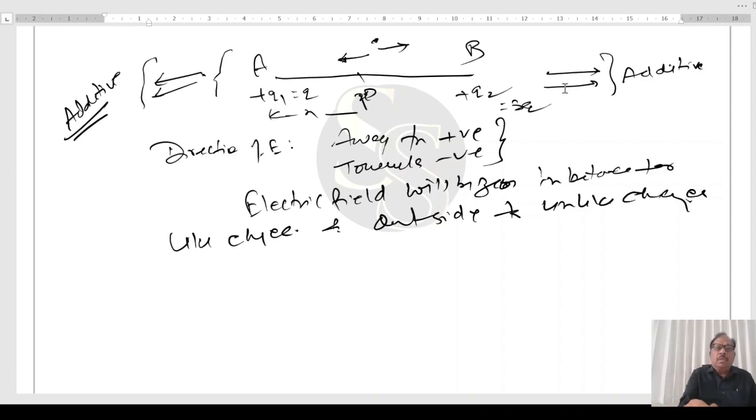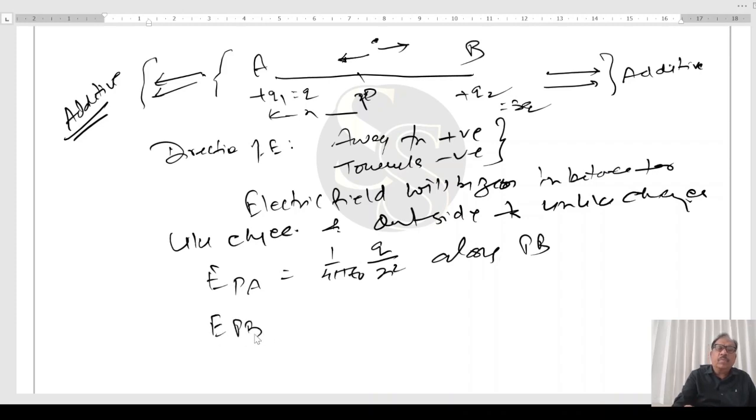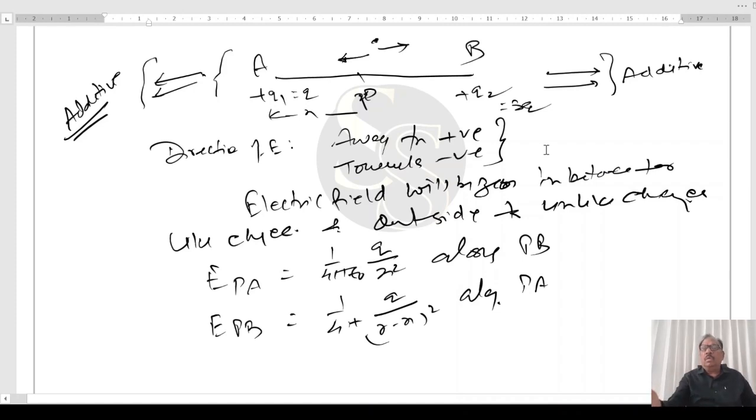Now, electric field at P due to charge A, E_PA equals 1 over 4 pi epsilon naught Q upon x square along PB, and E_PB will be equal to 1 over 4 pi epsilon naught Q upon (r minus x) whole square along PA. Now, these two are opposite in directions.